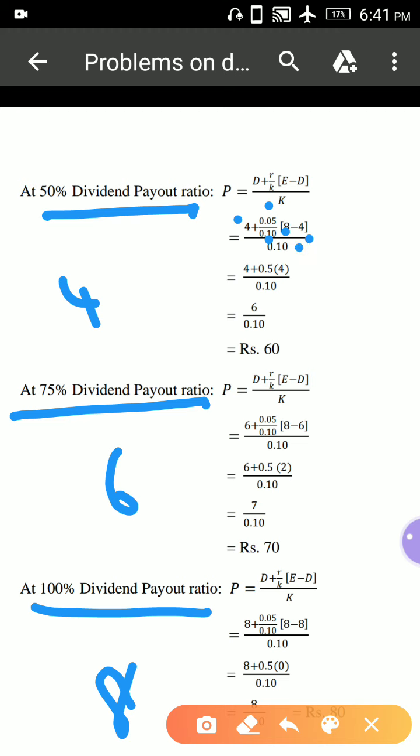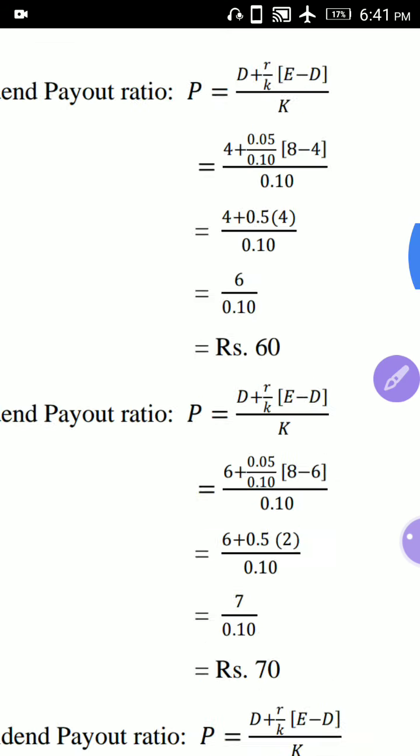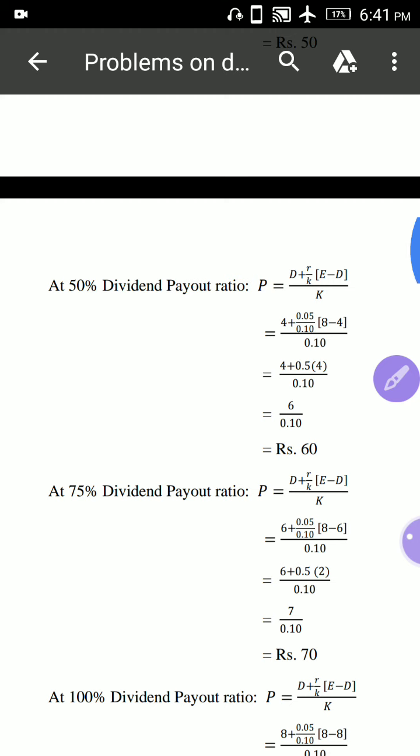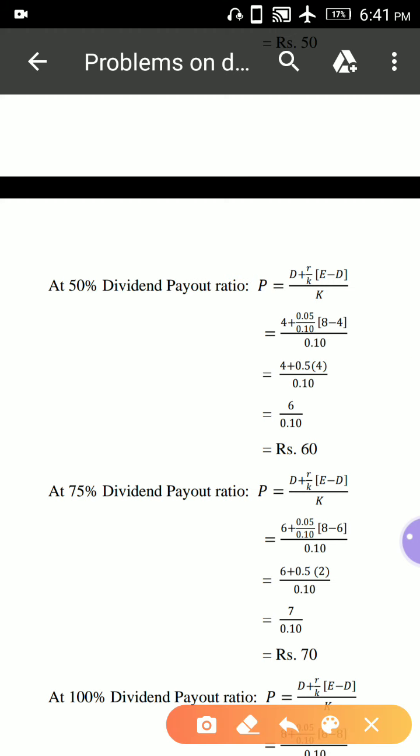That is 0.5 into 8 minus 4, which is 4, so 0.5 into 4 is 2, 2 plus 4 is 6, 6 divided by 0.10, that is 60 rupees.